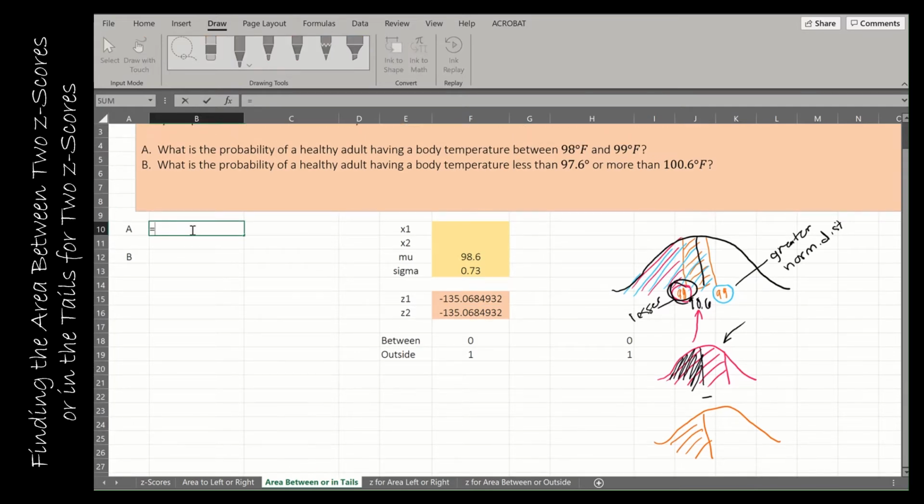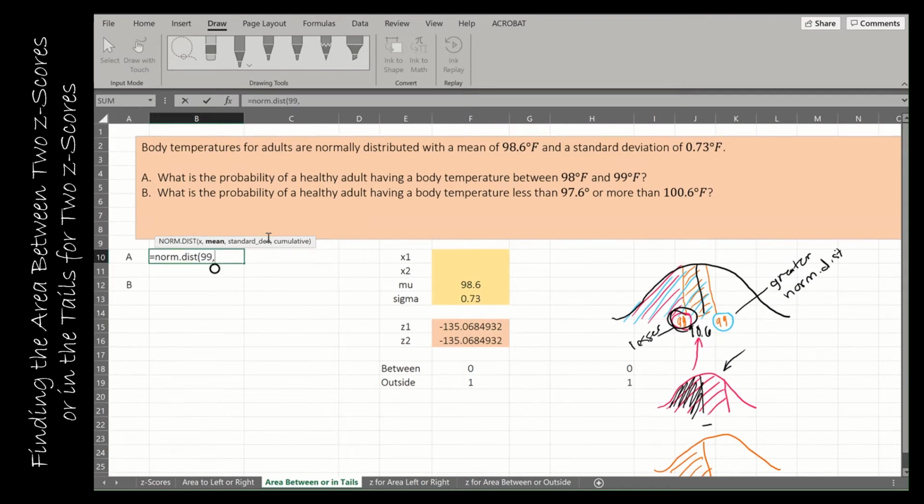If I start by finding the area to the left of 99, and I'm going to skip over the z-score completely. If I just need to find the area to the left of 99, that's norm dist, and then 99, and then my mean is 98.6, my standard deviation is 0.73, and cumulative, yes.